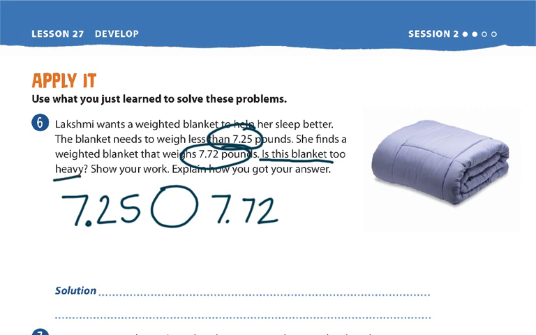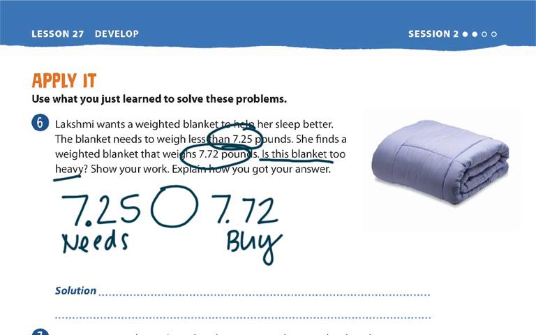Is the blanket too heavy? So you make sure you label it. So she needs 7.25 and she can buy one that is 7.72. All right, so look at it in dollars. How much is this one worth, Christina?